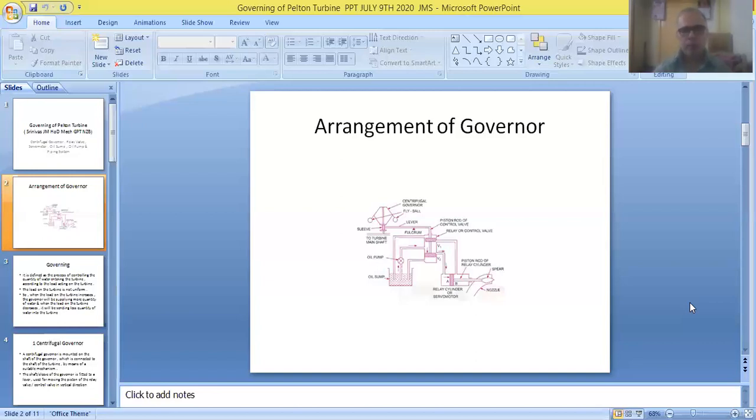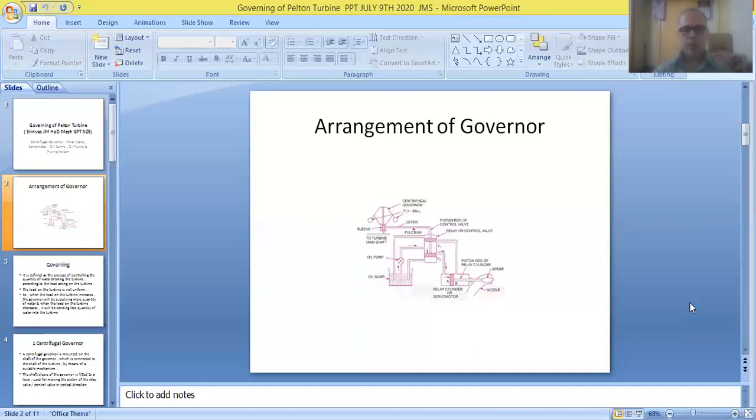Now this is the diagram used for indicating the governor used for operating the Pelton turbine. Here a centrifugal governor is used for controlling the quantity of water.